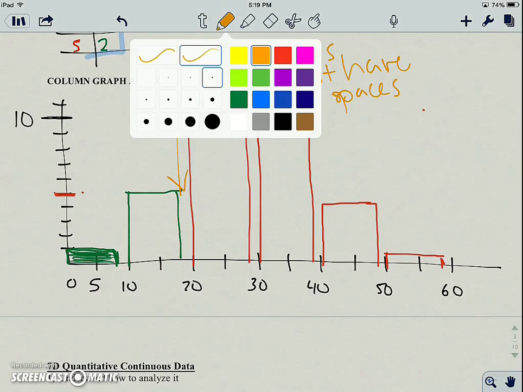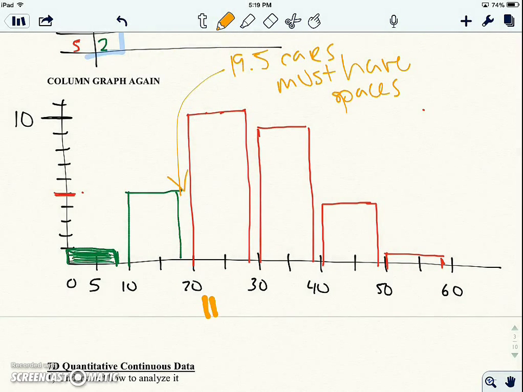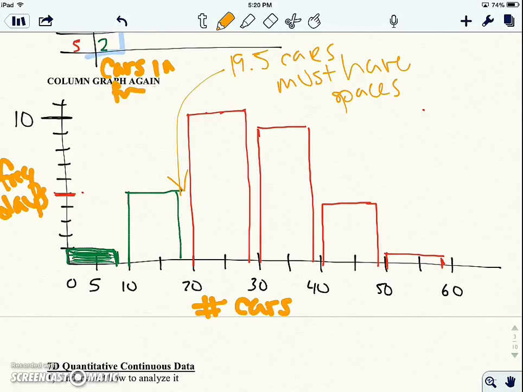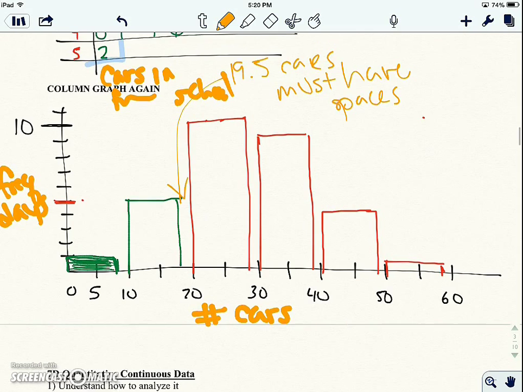Also, we're missing labels. So this would be the number of cars. And over here would be frequency in days. And I should put a big label up here like, I don't know, cars in front of school. Okay? All right, so that's the rest of the one that you had homework on.